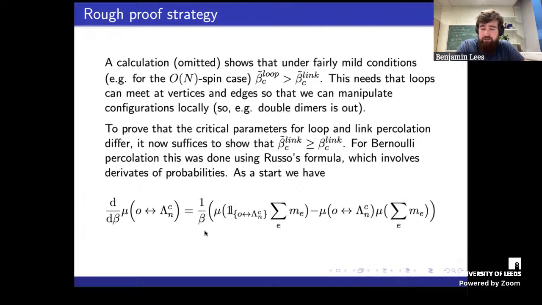If we take the probability that the origin connects or escapes a box of side length n along the link cluster, then its derivative is given by this. So something involving the event itself and the total number of links. Here, of course, we should be on a finite graph that we're going to take an exhaustion of some infinite graph, otherwise this is infinite. But okay, we can see that this looks like an FKG condition, right?